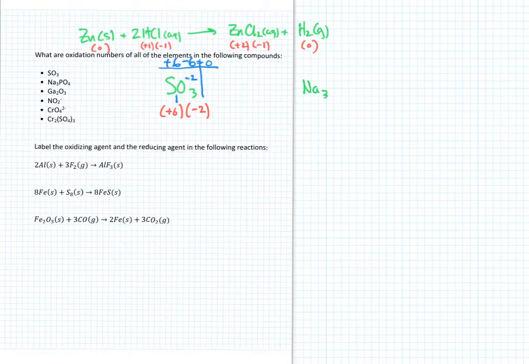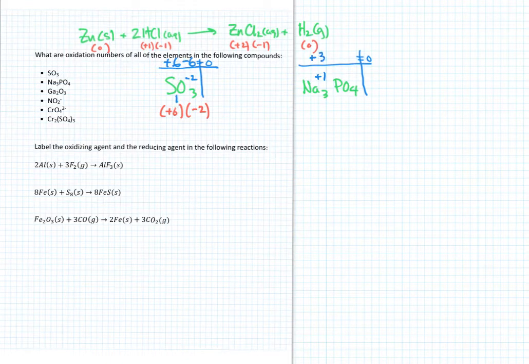So we have Na3PO4. We note that that is a neutral species. So if I set up my little table here, that has to sum up to 0. We have 2 of them that we know something about. We know something about sodium, and we also know something about oxygen. The thing we know about sodium is that's a group 1 cation. Those are always +1. There's 3 of them.